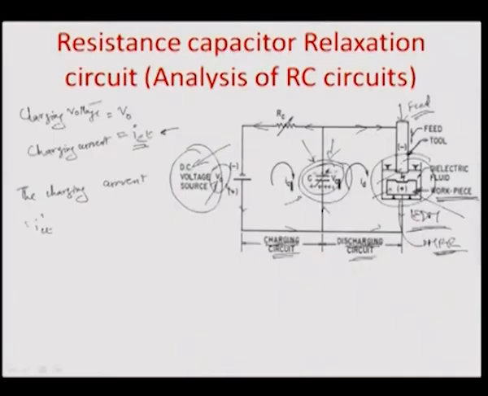And so, the charging current Ic(t) flowing in the charging circuit, let us say at time instance t, is of course given by the expression (V0 minus Vc(t)) by Rc. Let us assume there is a voltage Vc(t) being formulated across the capacitor.